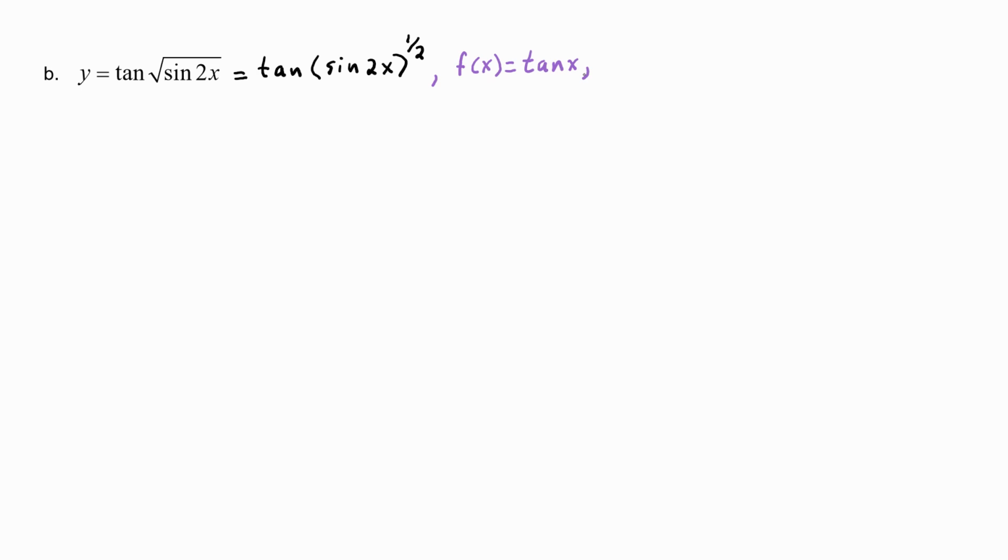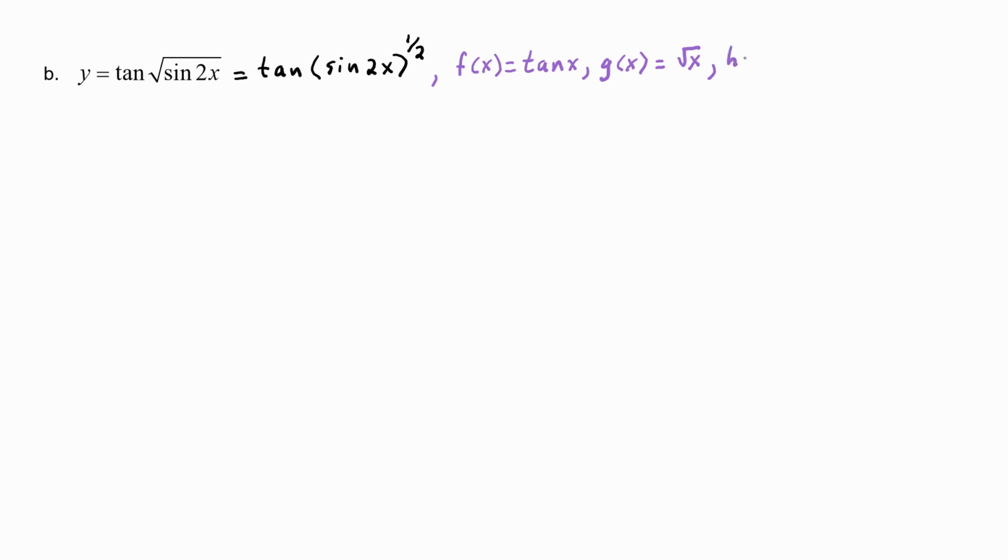Then the next highest level in the composite function would be this radical. So g of x is equal to radical x. Then inside the radical, we have sine of some stuff.